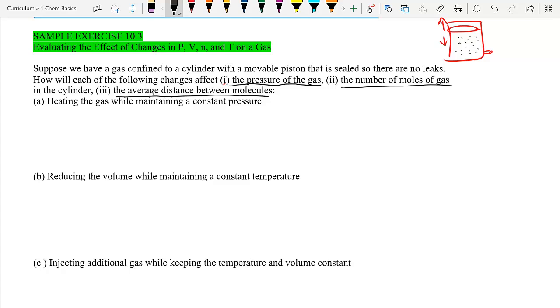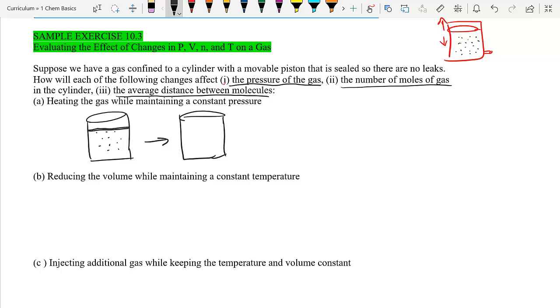So when we heat a gas while maintaining a constant pressure, so we're adding heat to that cylinder. If you think of the beginning condition, and we have our particles like so. We have our piston right here, and we're going to add heat. The new situation, well, as the particles heat up, they're going to start moving faster.